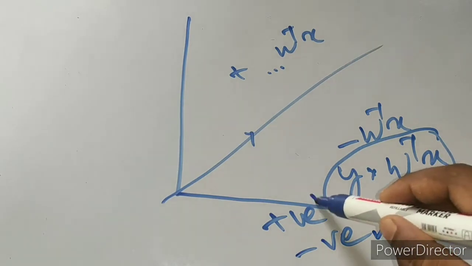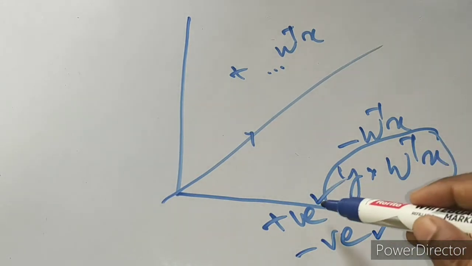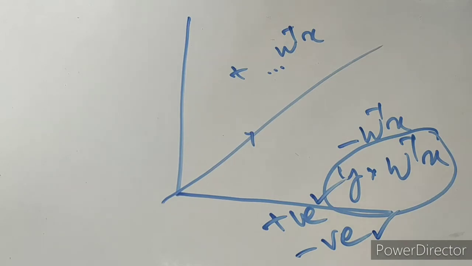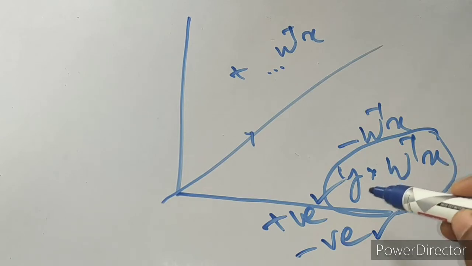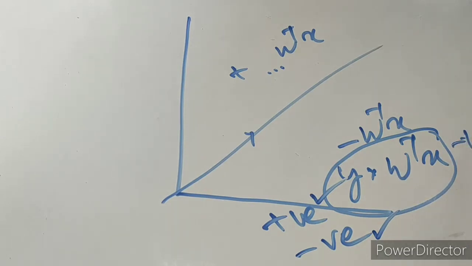Whatever the value is, 0 or 1, if y into WTX is positive, then it is correct. Internally, the algorithm should understand that y into WTX must be positive, then only it is correctly classified. If the multiplication is negative, that is known as incorrect classification.